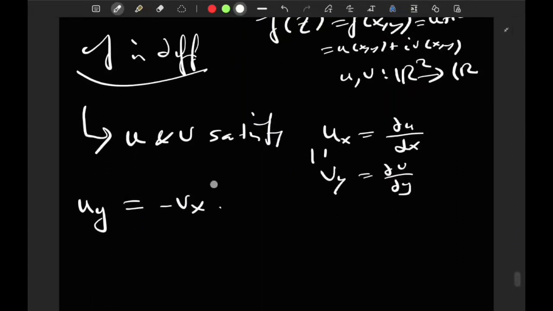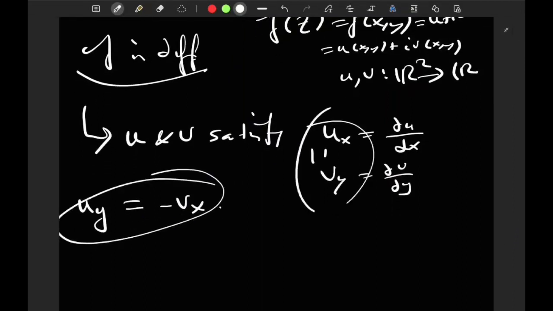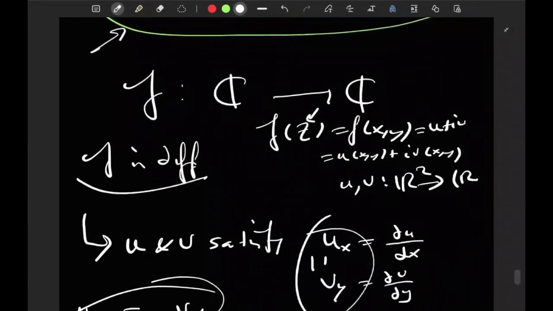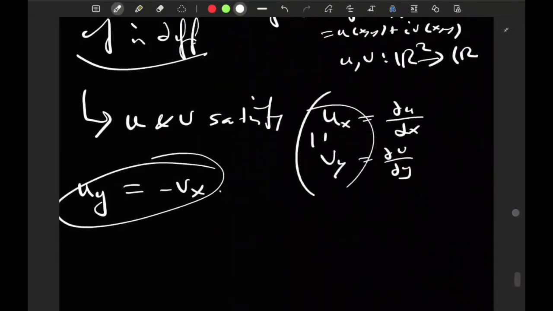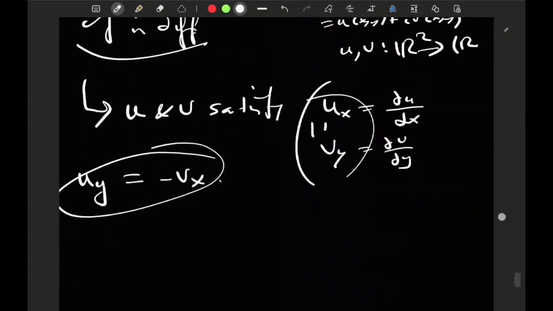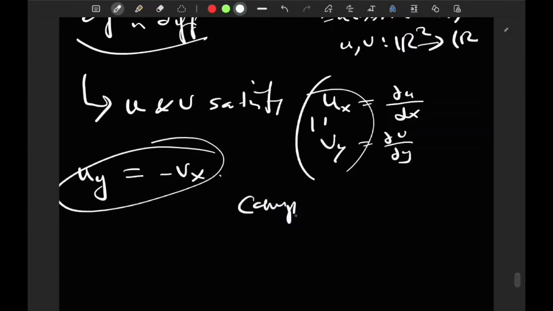It's the other relation that is satisfied. These two relations are called the Cauchy-Riemann equations for a function which is differentiable as a map from C to C as a C vector space. And these additional constraints on such a function create a whole new theory, the entire theory which is the complex analysis.